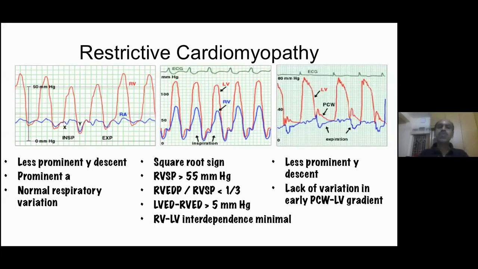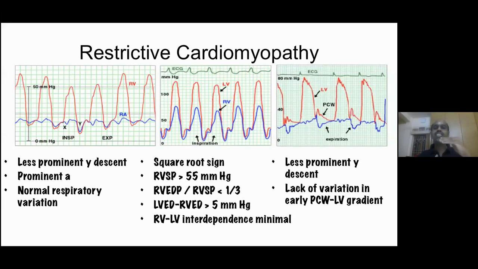In constrictive pericarditis, the same intrathoracic pressure reduction during inspiration results in pooling of blood within the lungs and blood not going into the left atrium and left ventricle.